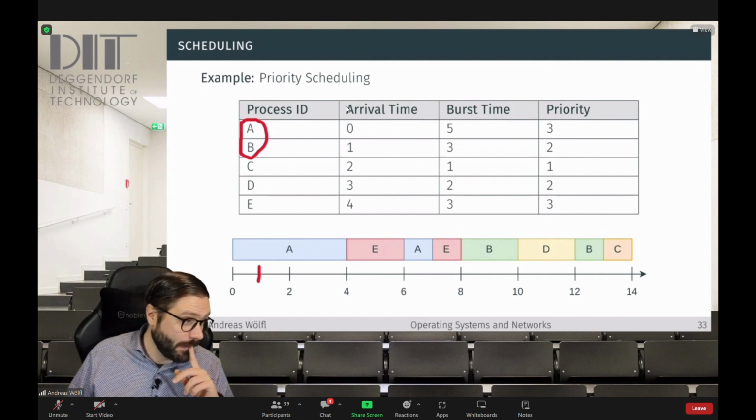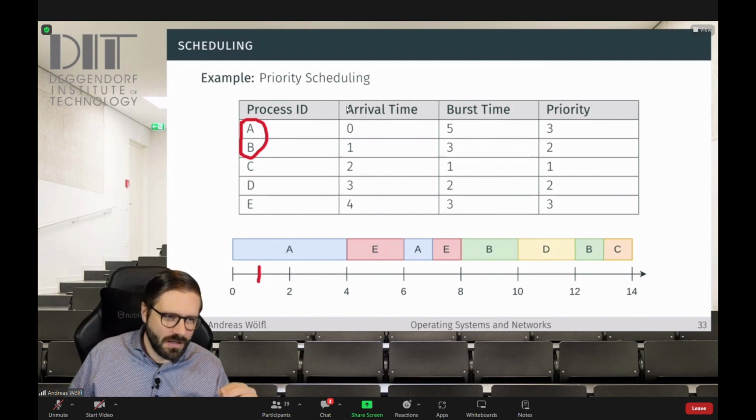Anyhow, this is irrelevant because we do round robin on each level. So we have 2 levels, level 3 and level 2. A is the single process on level 3, B is the single process on level 2.